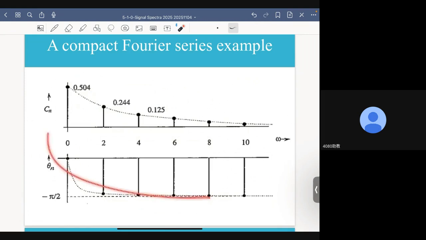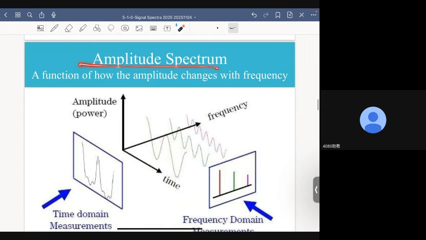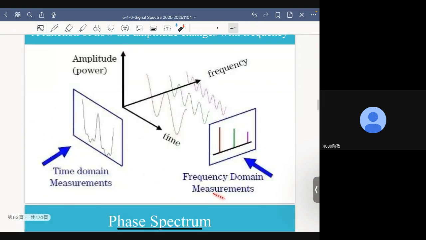Same thing happened here. The good thing about these two plots is it helps us understand at a glance the frequency composition of the signal. All right. Now, we saw this before. This PowerPoint slide tells us when studying a signal, we can visualize the signal from the time domain, or we can study its frequency composition from the frequency domain. Okay.